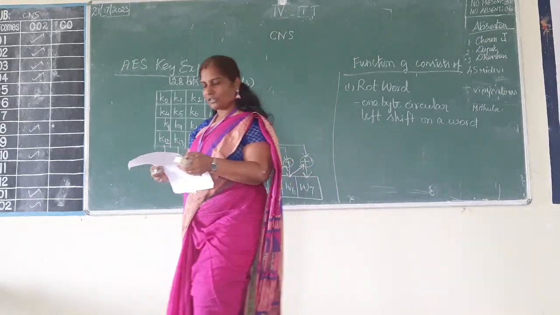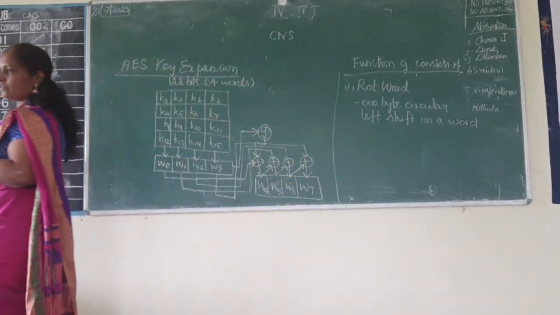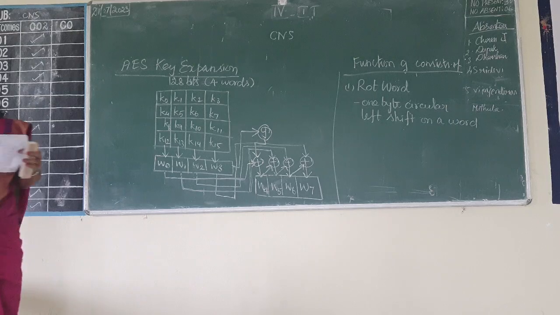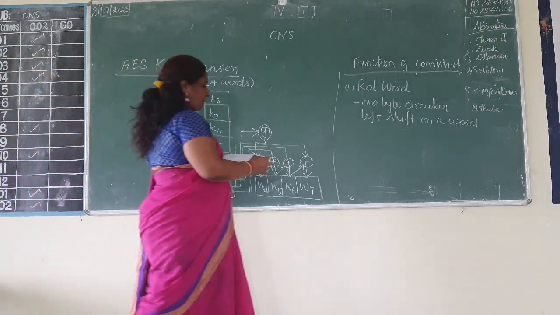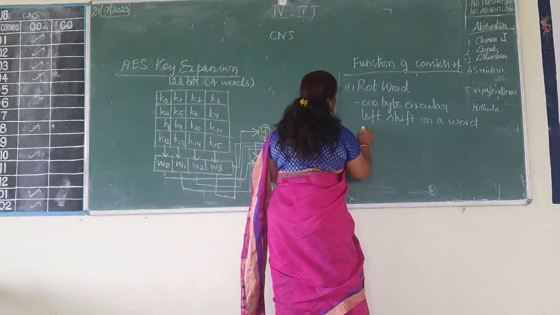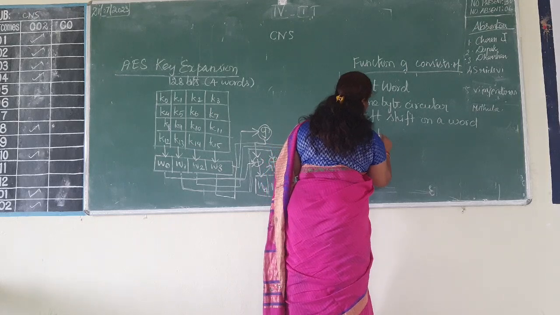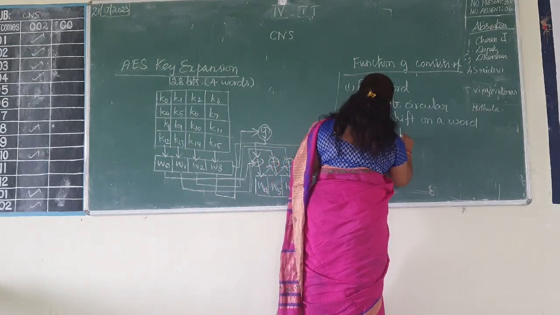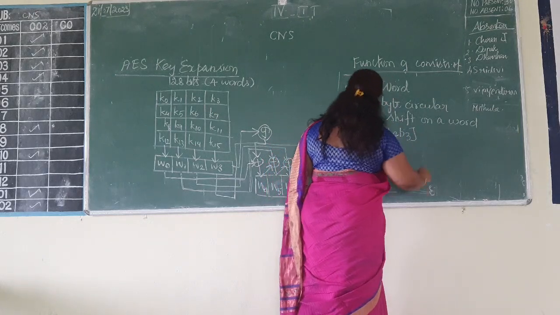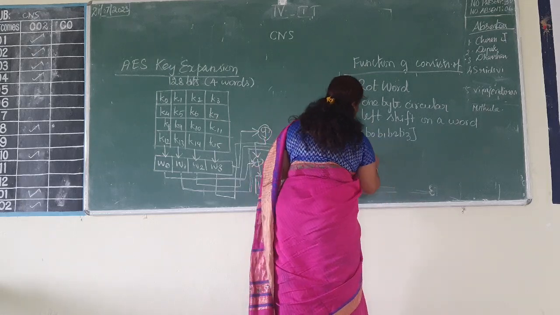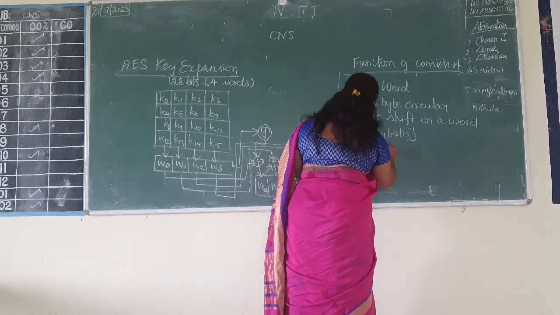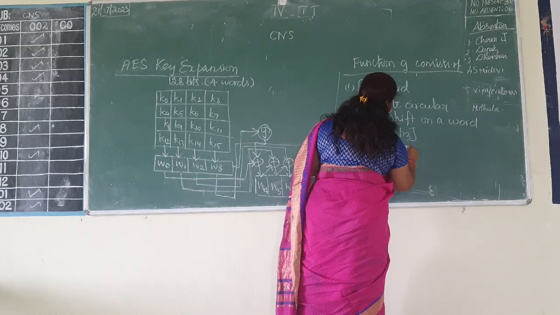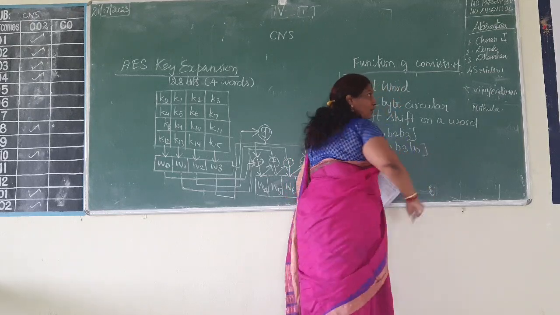This means that an input word B0, B1, B2, B3 is transformed into B1, B2, B3 and B0.